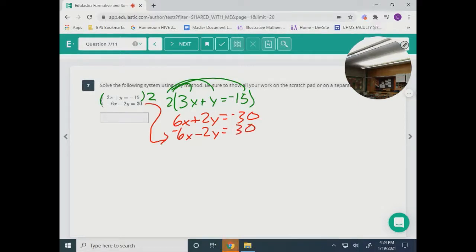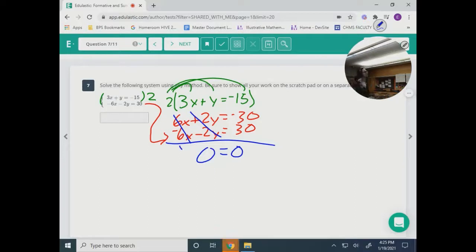Okay, so if I look at these equations here, x's are going to cancel. My y's are going to cancel. We're going to be left with 0 is equal to 0. Okay.